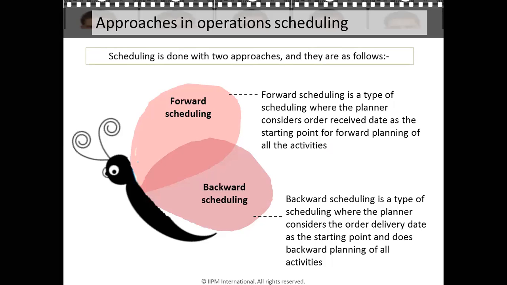Backward scheduling is a type of scheduling where the planner considers the order delivery date as the start point and does backward planning of all the activities. So forward considers order received date for forward planning, while backward scheduling considers the delivery date as the starting point.